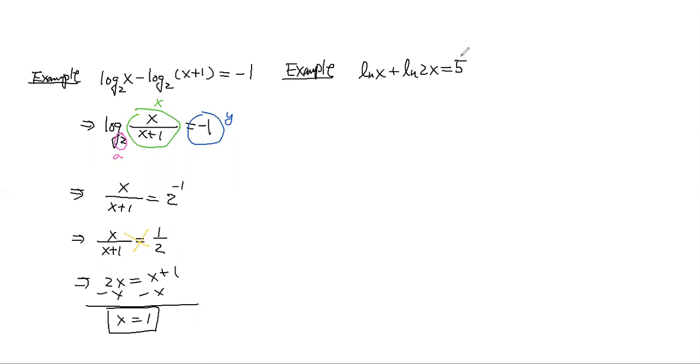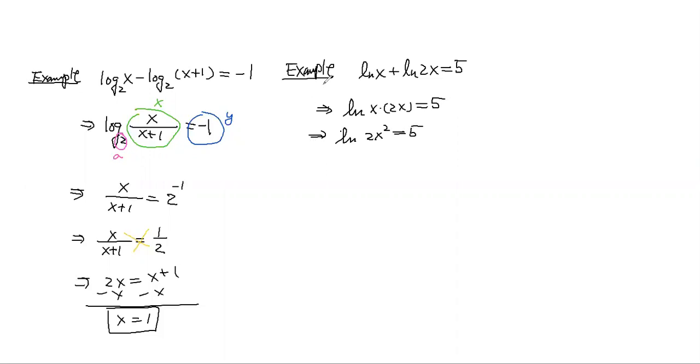And don't get nervous when you see a natural log. That's just another log function, right? So immediately you know log plus log means I can do natural log of x times 2x is equal to 5. That means it's natural log of 2x squared equal to 5 here.